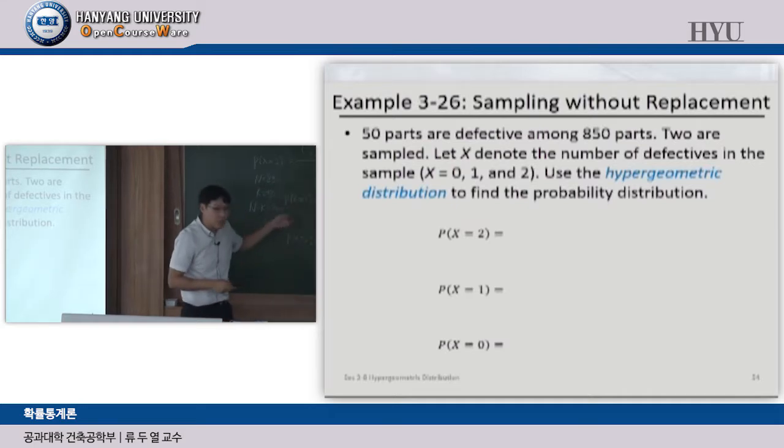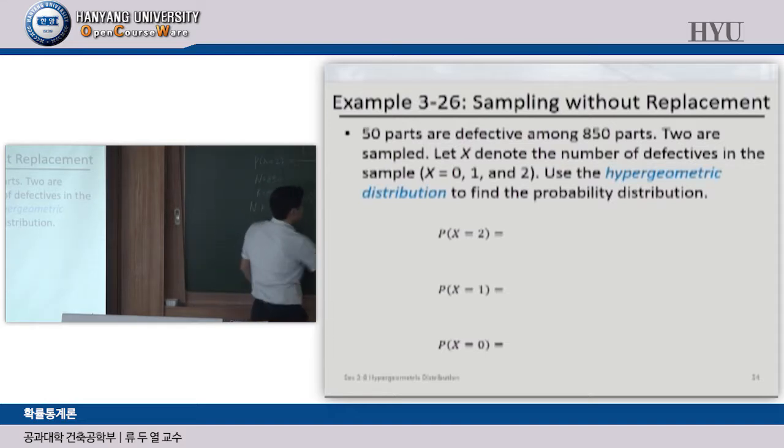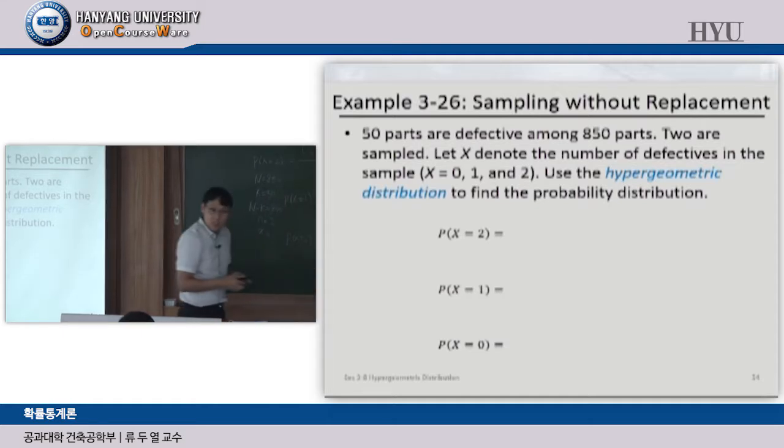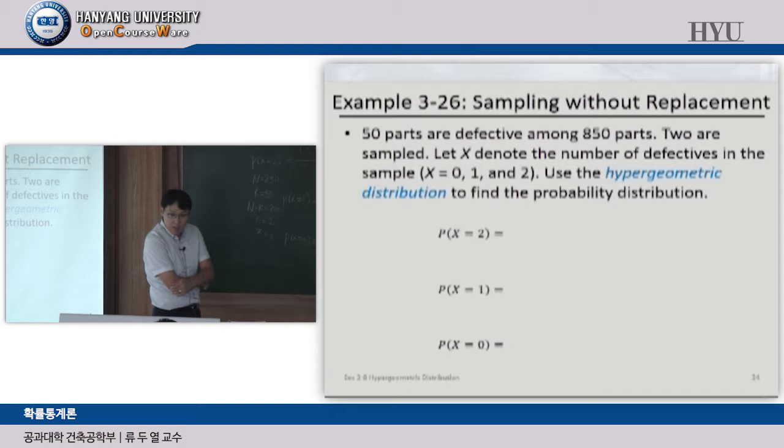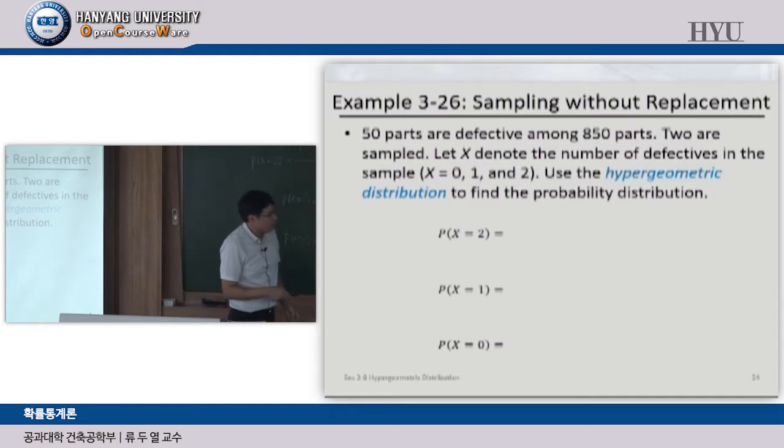If you calculate these two equations based on the same procedure, you can obtain 0.111 and 0.886. So we can calculate this example based on the hypergeometric distribution.